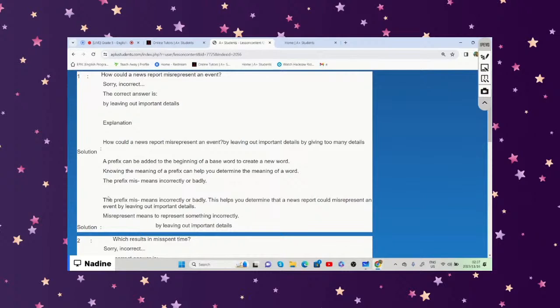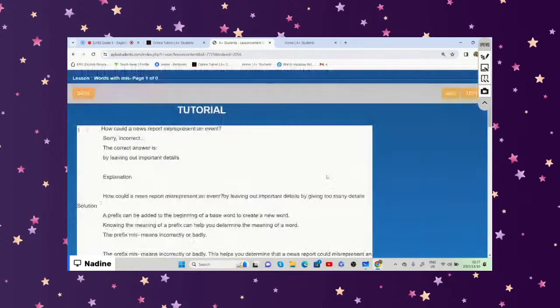And we said mis either means incorrectly or badly. So, how could a news report misrepresent an event? Is it by leaving out information or being unethical?